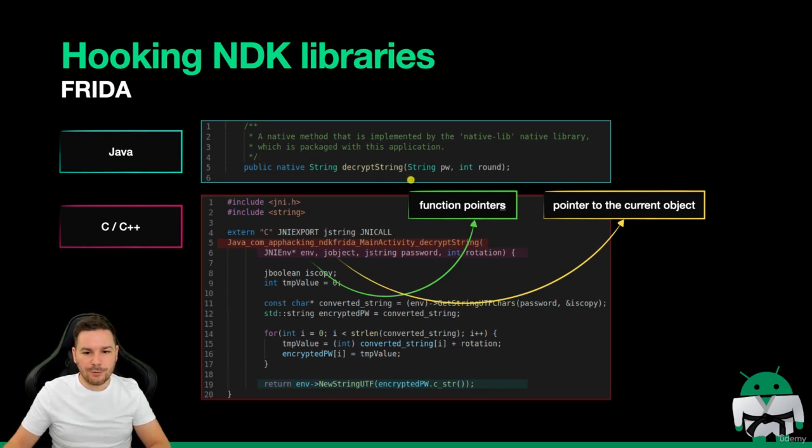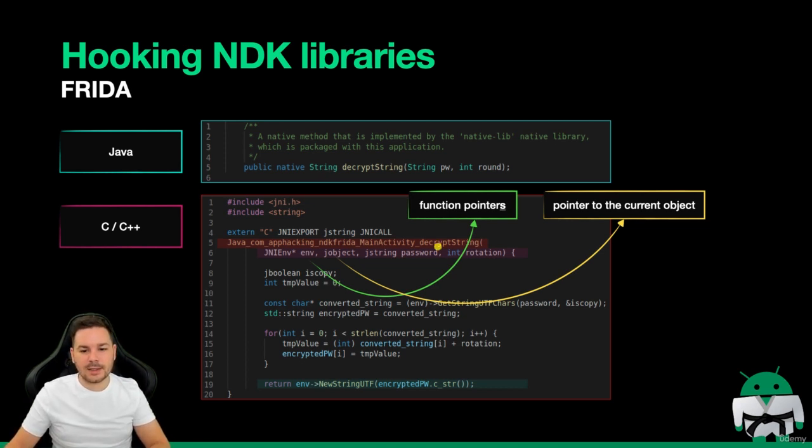We can see over here, for example, we are providing a string, a password, and some integer value regarding rounds, and we can see something is being returned. If we are hooking this one, then we can observe and manipulate it. And we can see what password goes in, what decrypted text goes out, things like this. Alrighty? Okay.